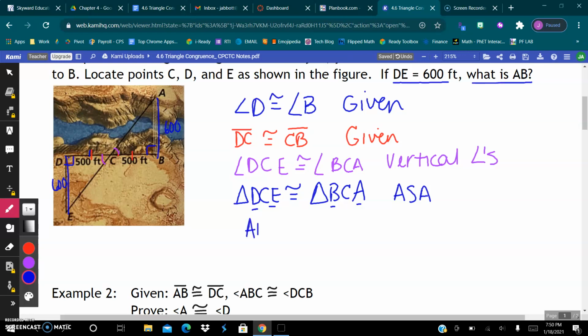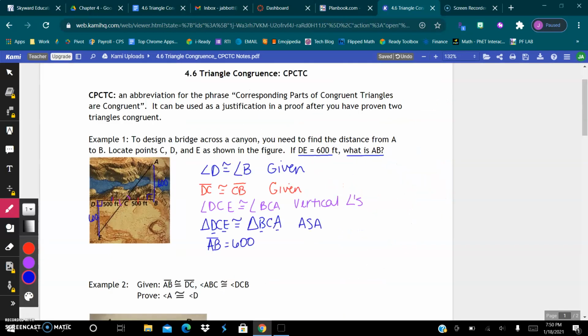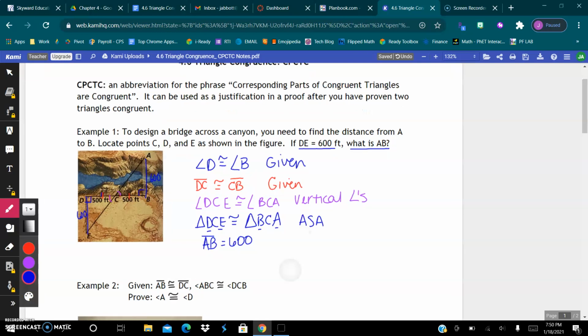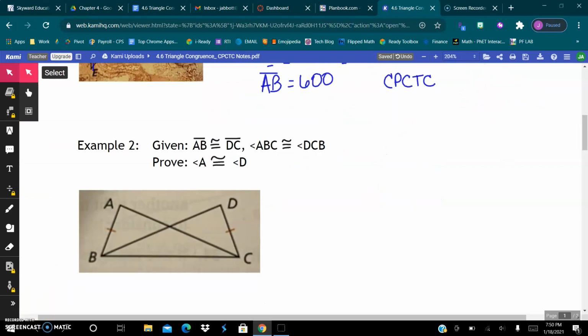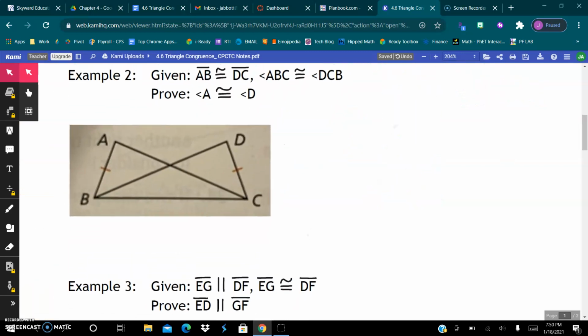So segment AB equals 600, and we can do that because of that CPCTC. Corresponding parts of congruent triangles are congruent. So even though we didn't use that side length to prove the triangles congruent, now that we know they are, we can say that AB is 600 because of that CPCTC.